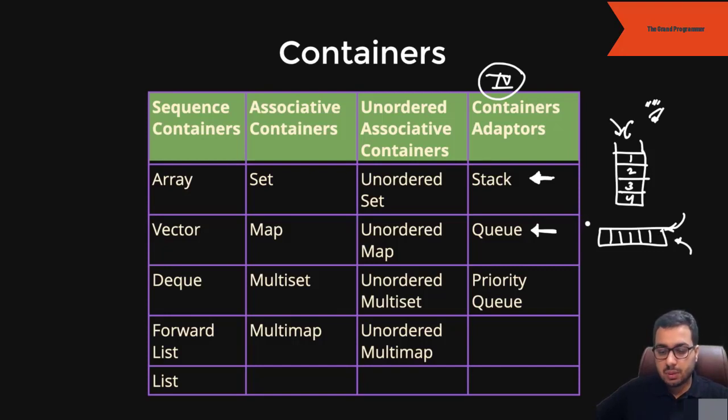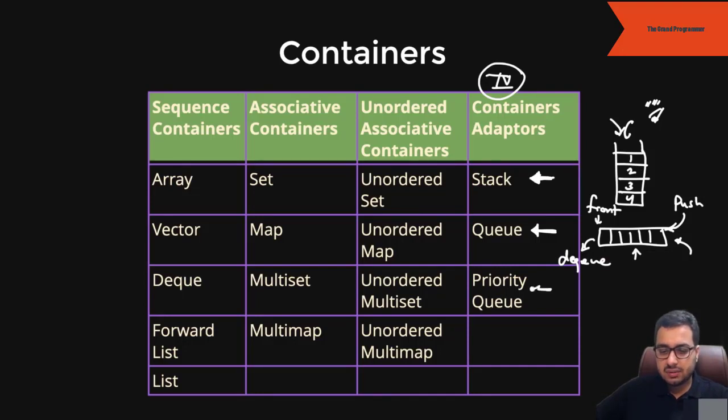We don't need to worry about what happens to the middle element, because we are only doing insertion at the back and removing elements from the front. So queue allows us to remove elements from the front and push elements from the back. Pushing is known as enqueue, and removing elements from the front is known as dequeue.